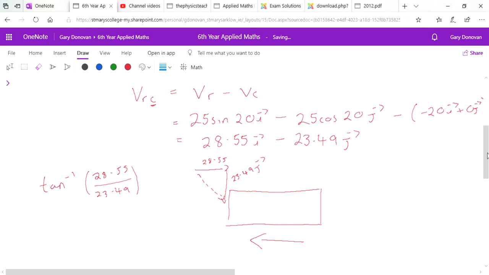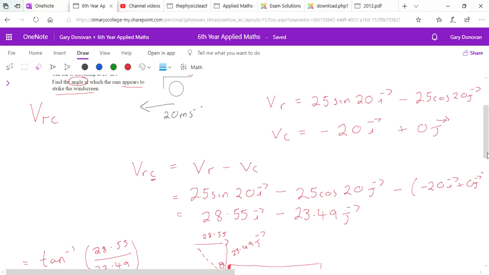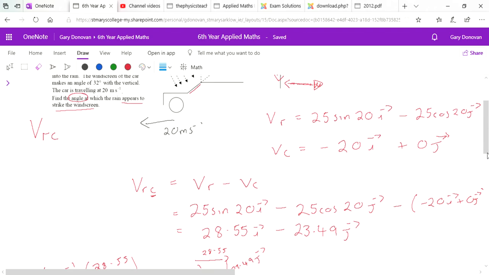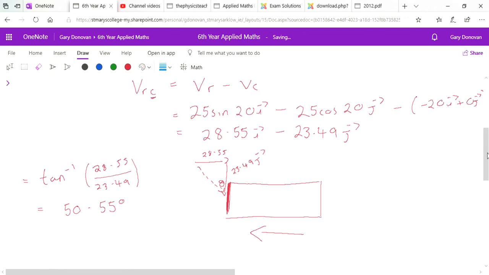What that gives us is this angle here, the angle that it's striking the car at, assuming the car is just a rectangular block. Type that into our calculators and we get an angle of 50.55 degrees. So that's the angle that the rain strikes the car from the car's point of view. It's the angle at which the rain appears to strike the car.